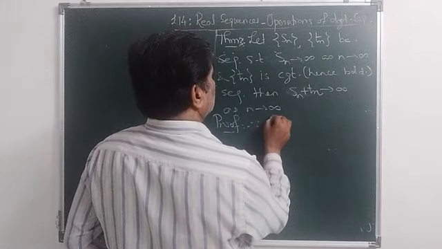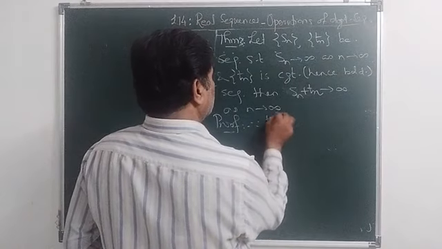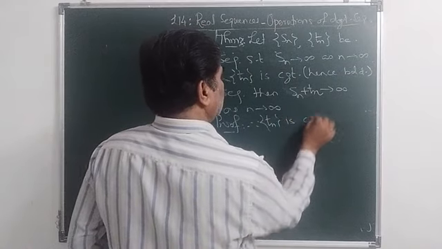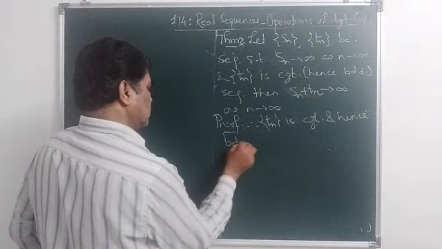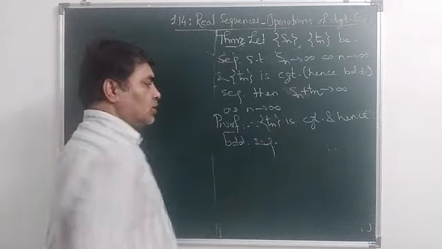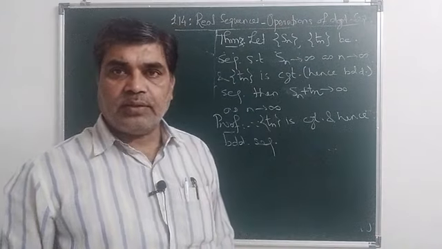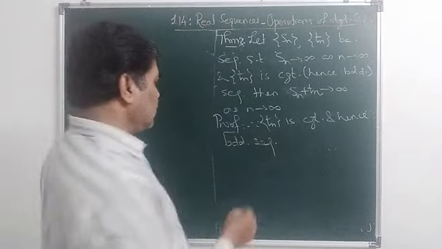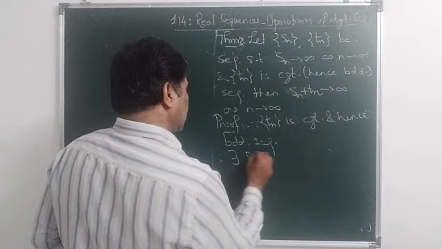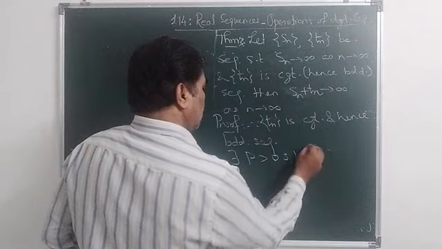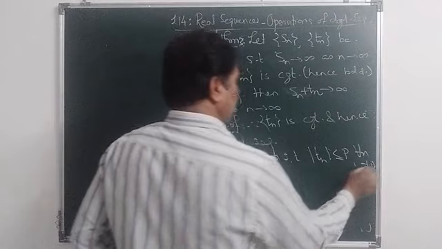Since Tn is convergent and hence a bounded sequence, remember, instead of convergent, even though only a boundedness condition is given, the result is true. Therefore, there exists p greater than 0 such that mod of Tn is less than p for every n. This is 1.